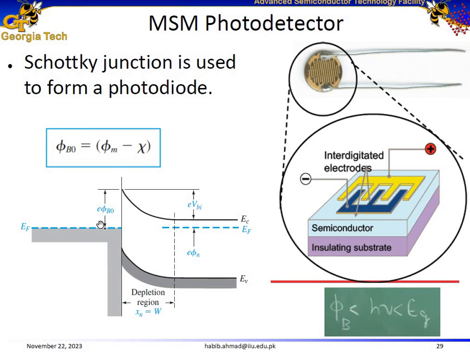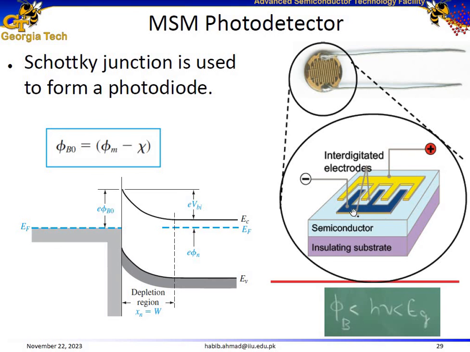If the work function of the metal is greater than the work function of the semiconductor, it would result in a Schottky barrier for electrons to travel from the semiconductor to the metal, and for electrons to travel from the metal to the semiconductor. So based on that theory, we can deposit interdigitated electrodes or any other configuration of two electrodes, resulting in a metal semiconductor metal photodetector.